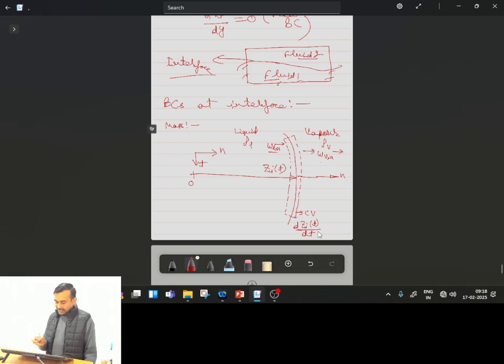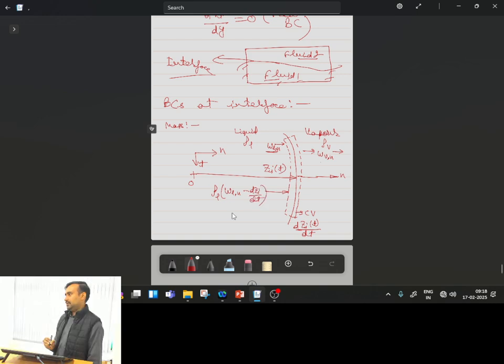If I consider that liquid is approaching the interface with velocity WLN and the interface is moving at velocity dZi by dt, what will be the mass flux of the liquid towards the interface? It will be nothing but density of liquid into WLN minus dZi by dt.